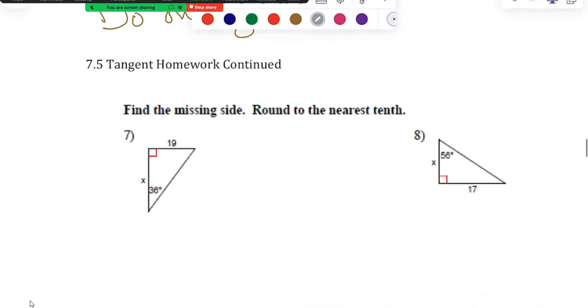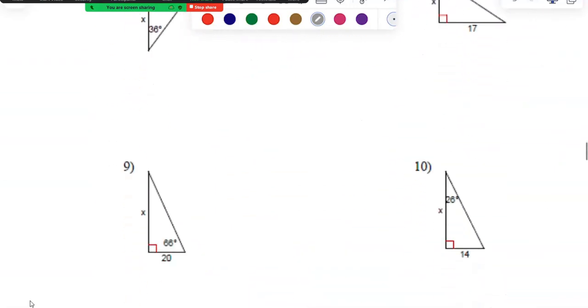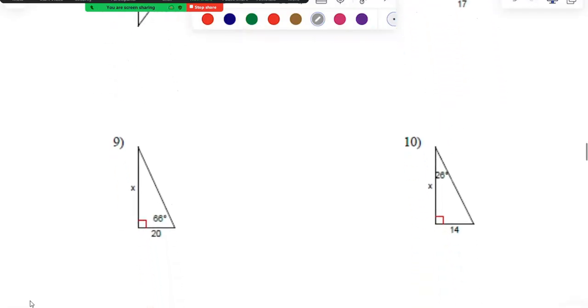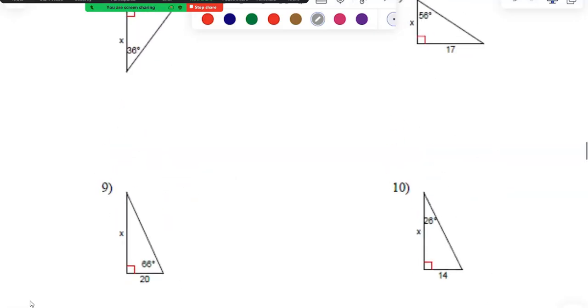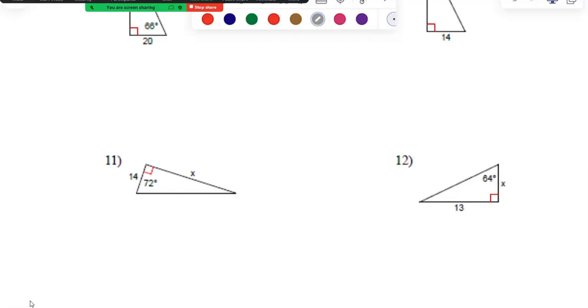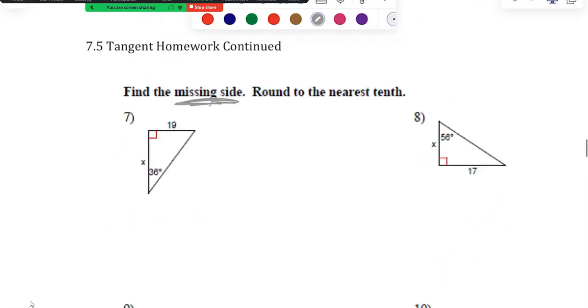Okay, so your job is to do, they want the missing side. So you're not going to use inverse. And you have 6 problems. You can do it. Get the missing side by using tan of the given angle.